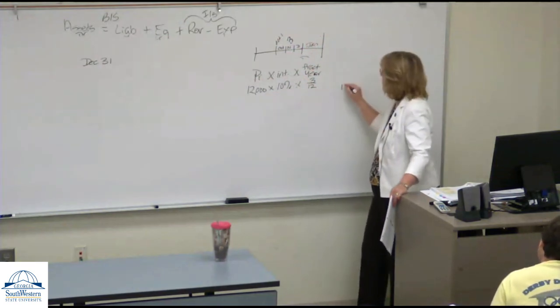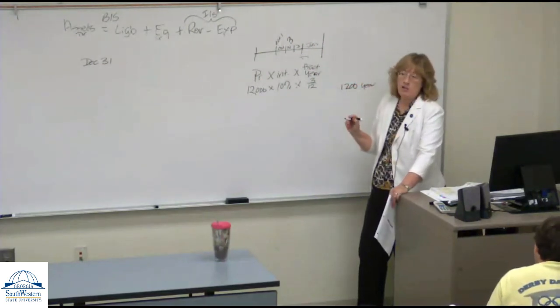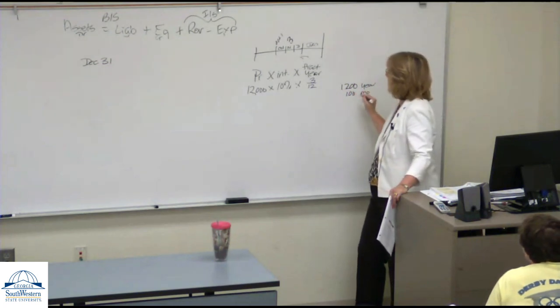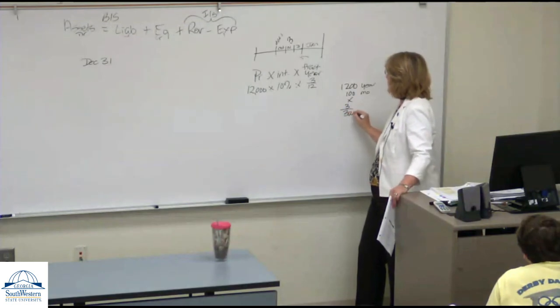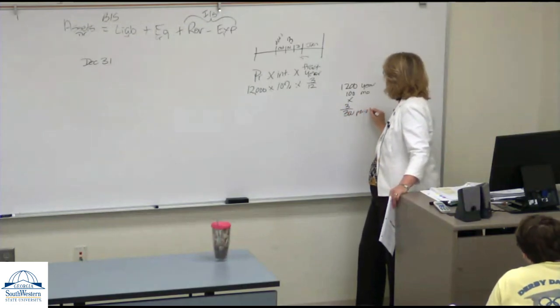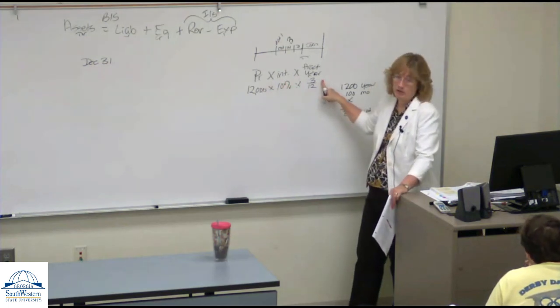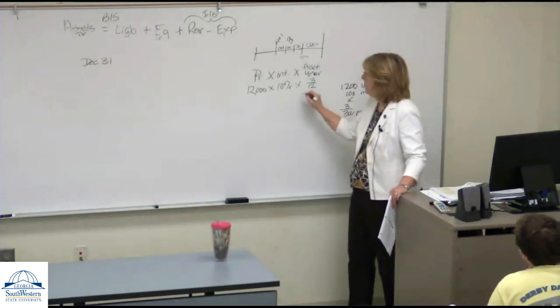We're going to have to pay $1,200 for a year. How much do we have to pay a month? $100 for a month, and times 3 is $300 for this period. Or you could do it this way, 12,000 times 10% times 3/12, and you would get $300.